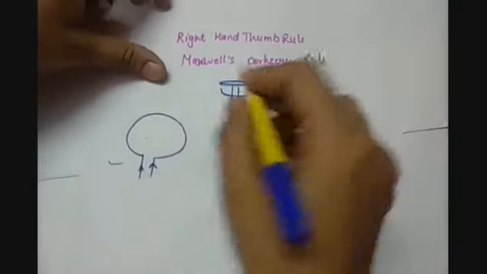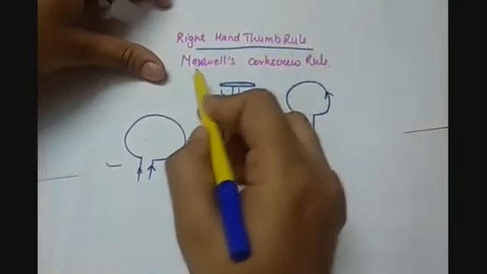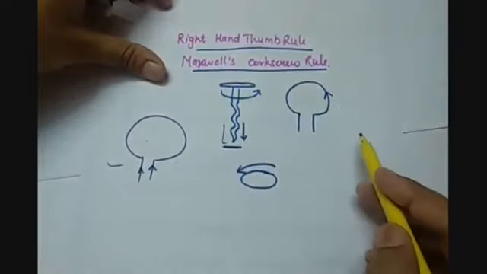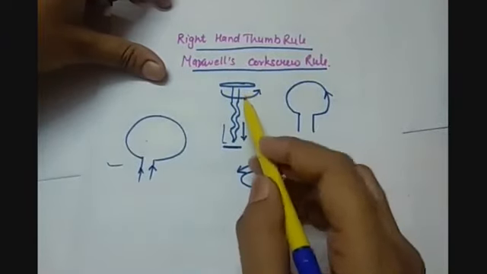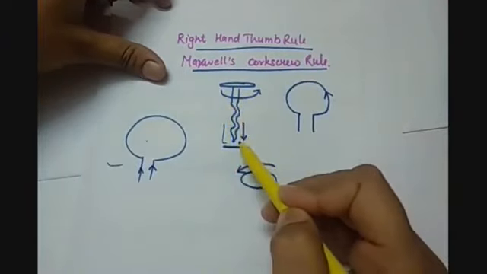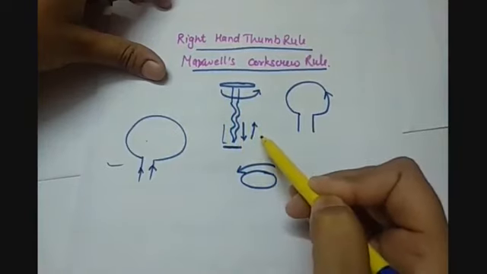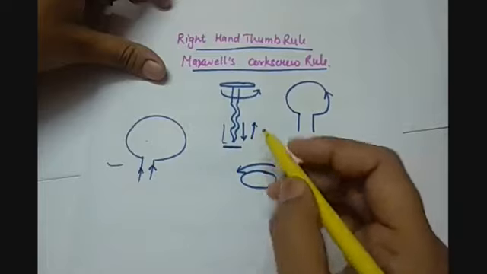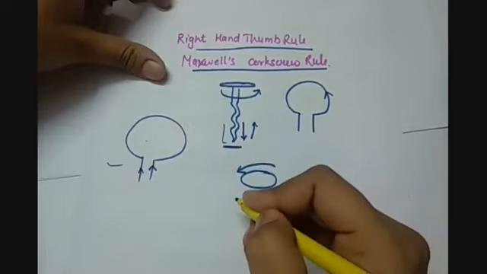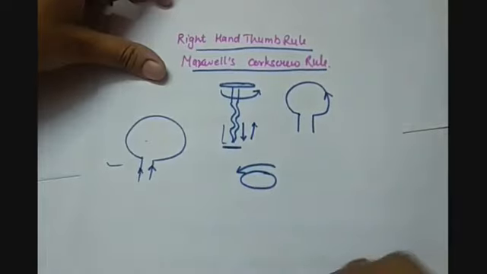So here, the right hand thumb rule is also called Maxwell's corkscrew rule. And when this is done in the opposite direction, then this screw comes out of the wall or hole. That means magnetic field lines will come out of the circular loop at our side.